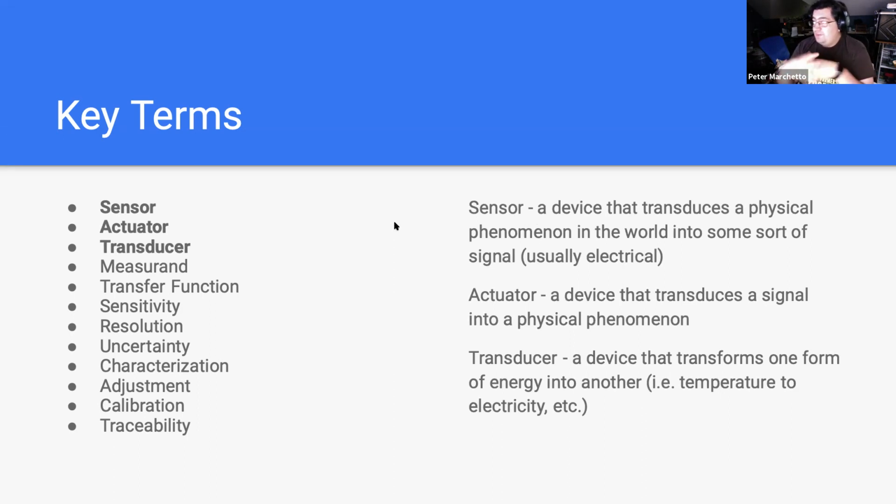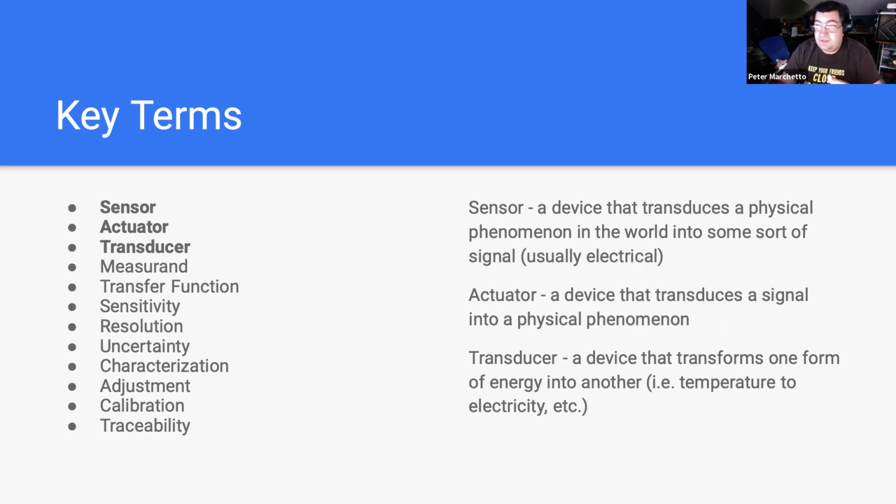So starting out with sensor, actuator, transducer, these are the parts that actually interface with the real world. A sensor is a device that transduces a physical phenomenon in the world into some sort of signal. In our case, that's usually electrical. An actuator then is a device that does the exact opposite. It transduces a signal into a physical phenomenon.